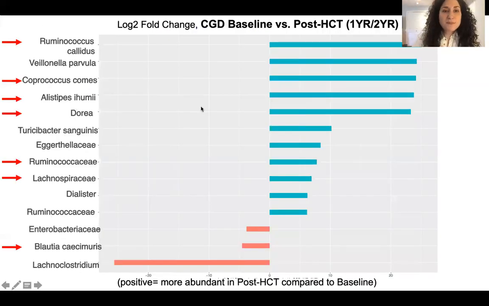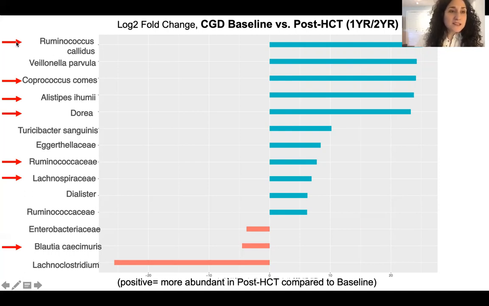When we look specifically at the microbial taxa that are differentially represented between patients 1 to 2 years post-transplant versus patients with CGD at baseline, we now see that post-transplant, there's enrichment for some very key bacterial taxa like Ruminococcus callidus, Veillonella parvula, Coprococcus comes, Alistipes, Dorea.